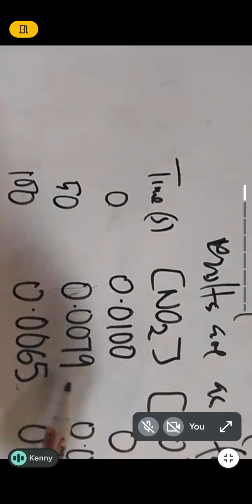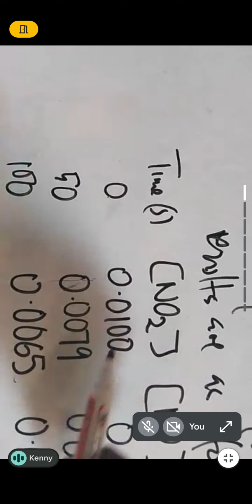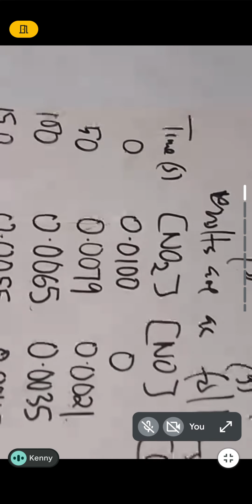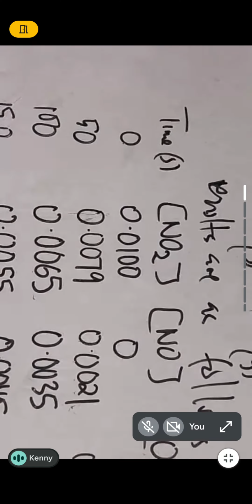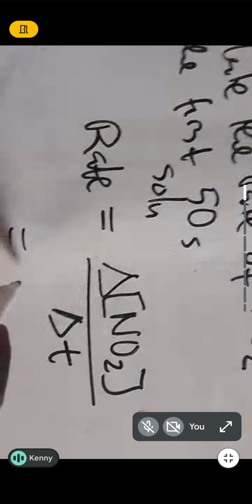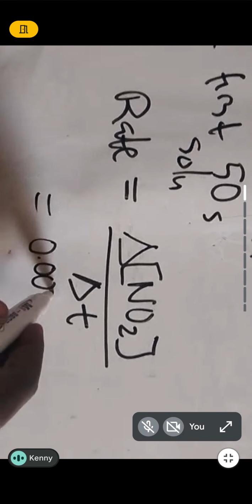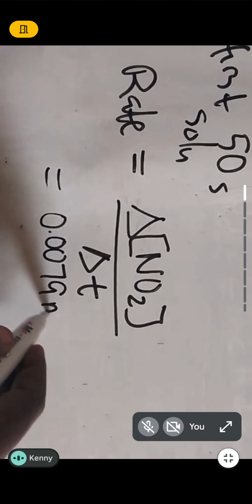We are looking at 50 and 0. The final concentration at 50 is 0.0079 mole per liter.